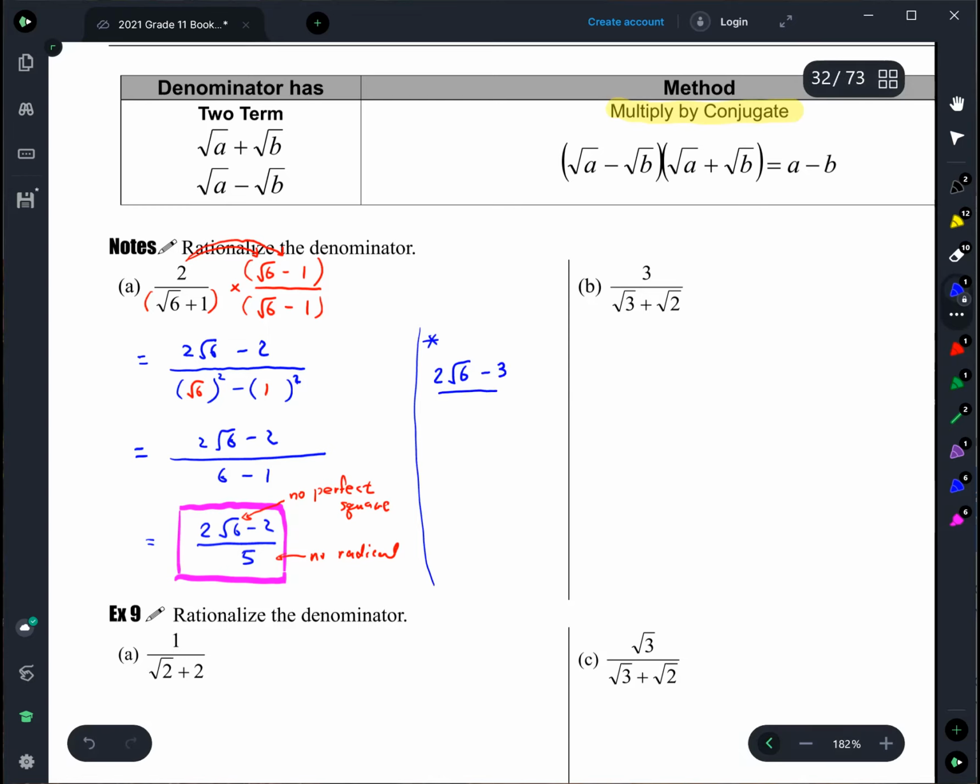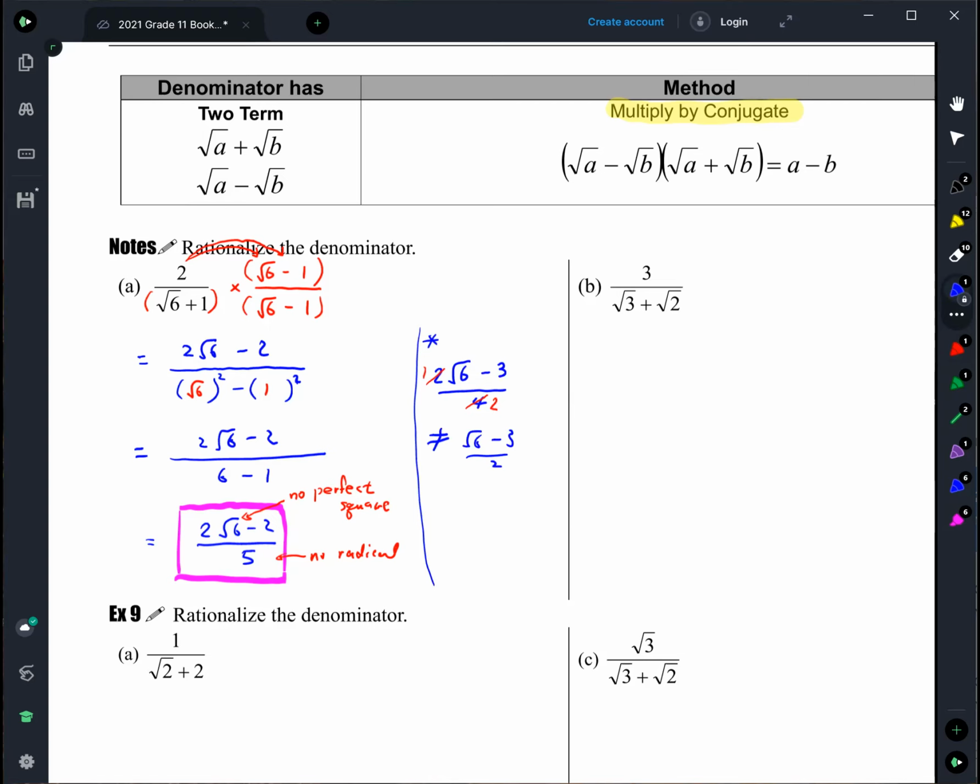If your answer ends up something like this, you cannot simplify. For example, you see, oh, there's a 2 on the outside, so let's reduce that, and then turn it into root 6 minus 3 over 2. Okay, this is wrong.